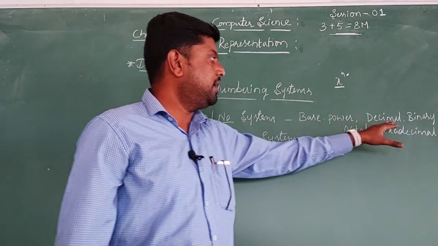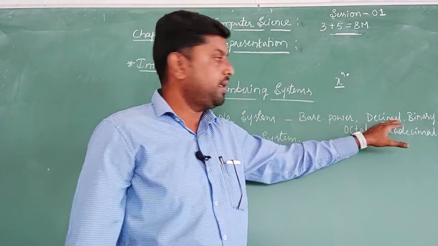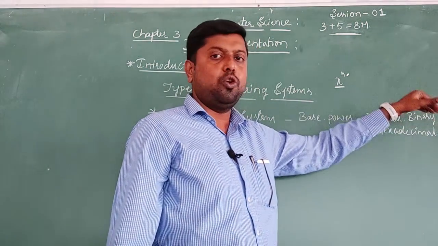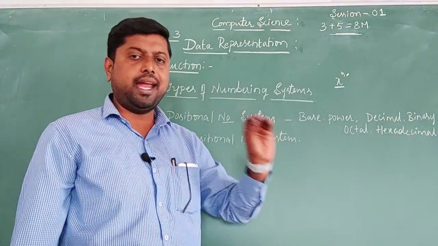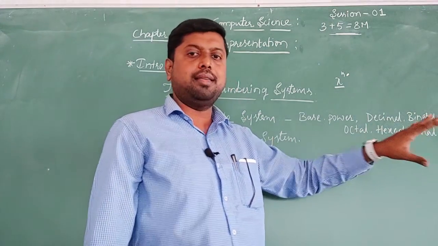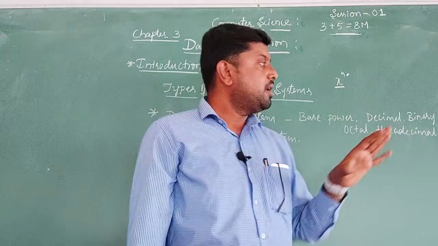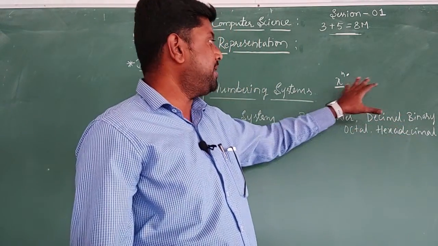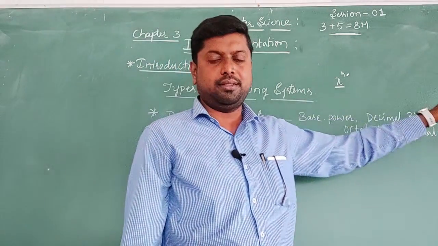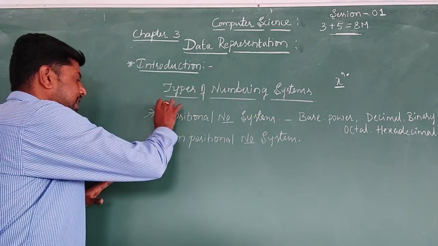For example, decimal has its own base, that is 10. Like that, binary has base 2, octal has base 8, and hexadecimal has base 16. That's why numbering systems classified based on their power and base are what we call positional numbering systems.